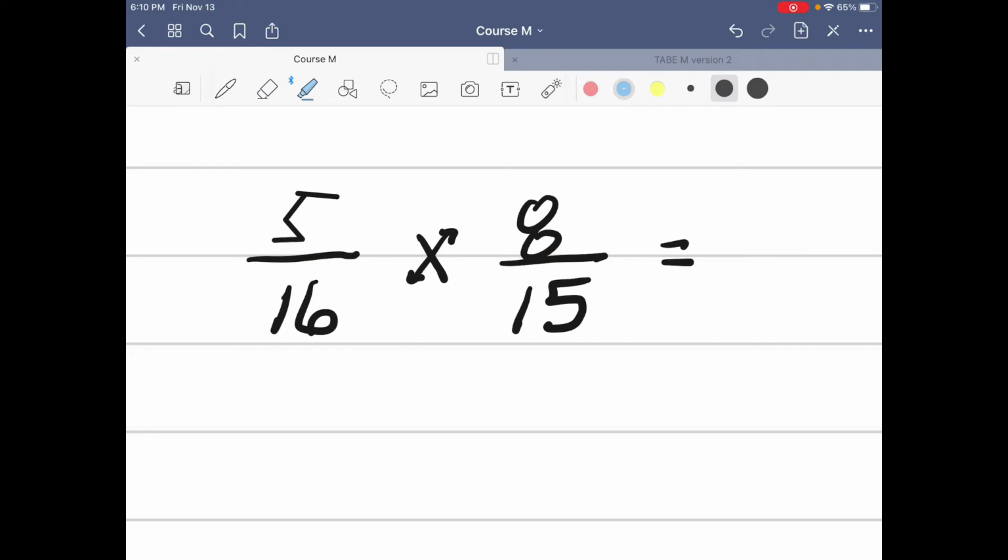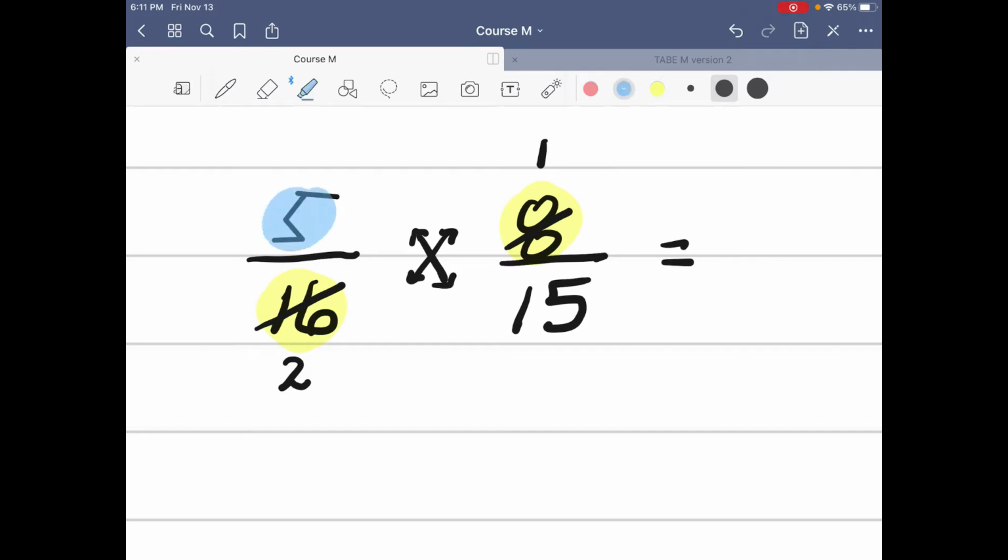And I can cancel here because both of these will divide by a 2, a 4, or an 8. So 8 divides into itself one time, and 8 into 16 is 2 times. So essentially I'm simplifying before I multiply.